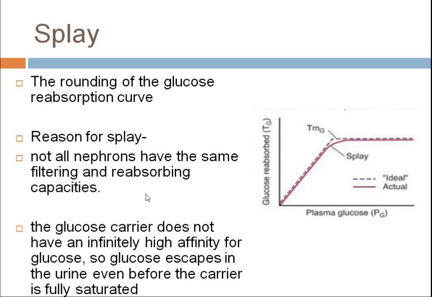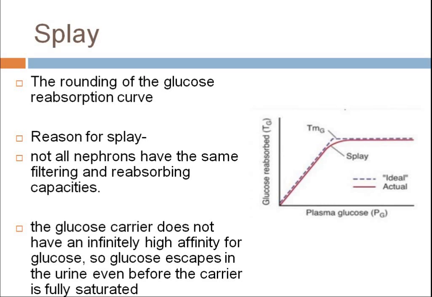The second reason can be that the glucose carrier does not have an infinitely high affinity for the glucose. So glucose escapes in the urine before the carrier is fully saturated, right? So there are two mechanisms due to which this splay appears. First of all, the nephrons do not have the same level of TMG, do not have the same level of carriers.